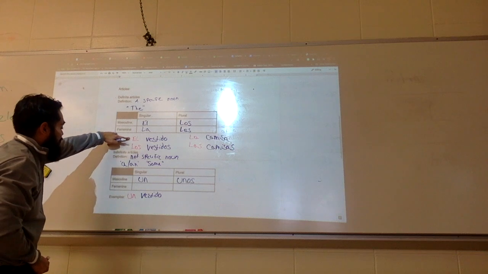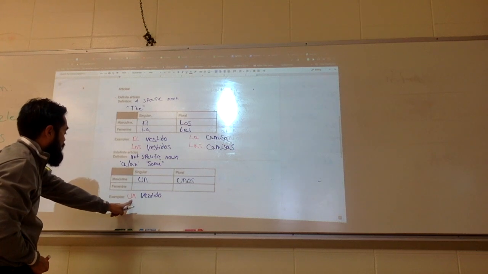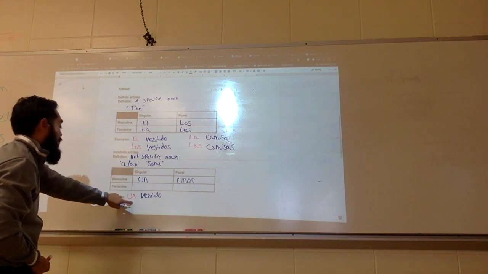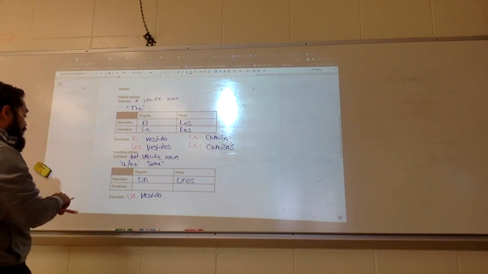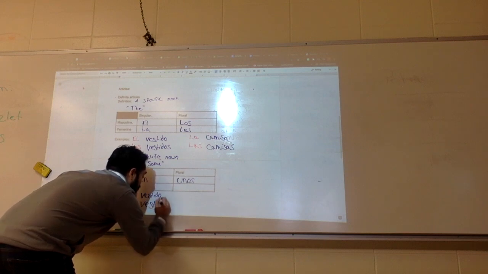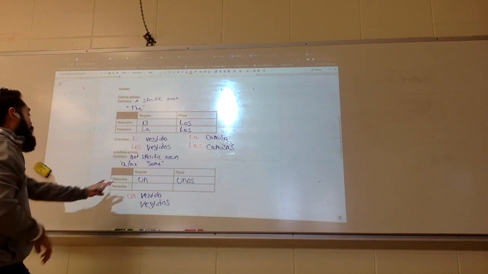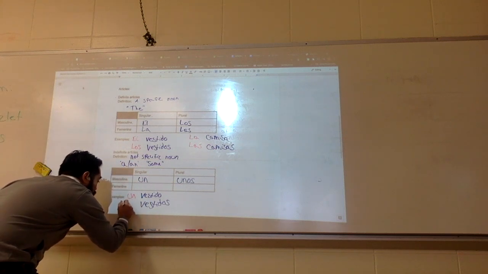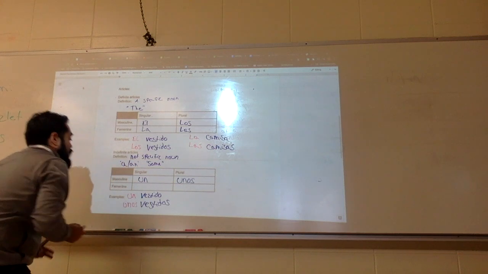So the dress, a dress. That's my difference. Specific, the dress, not specific, a dress. If I want to talk about more than one dress, vestidos, I can no longer say un. I have to make it plural because my noun is plural. Unos.